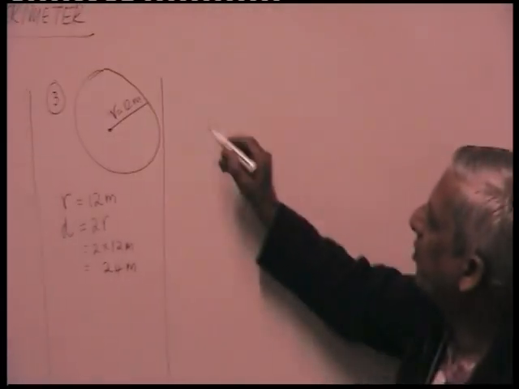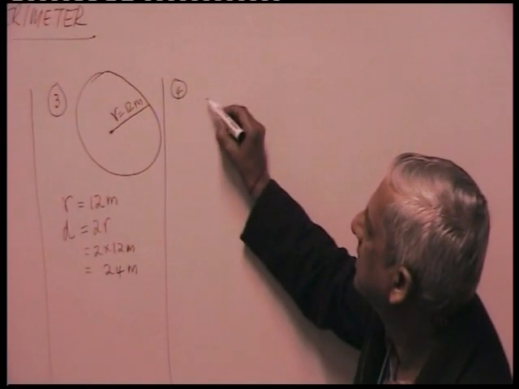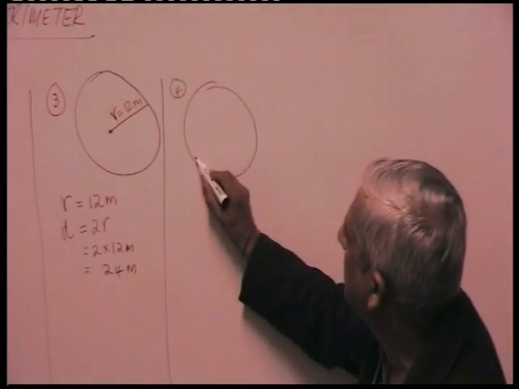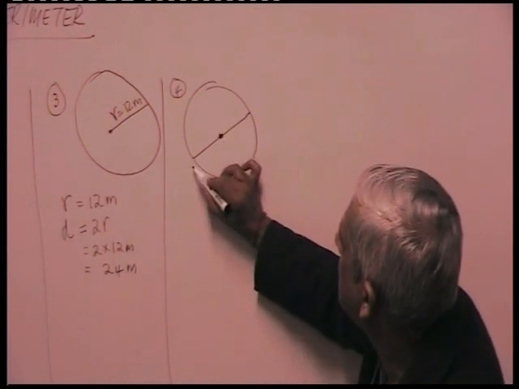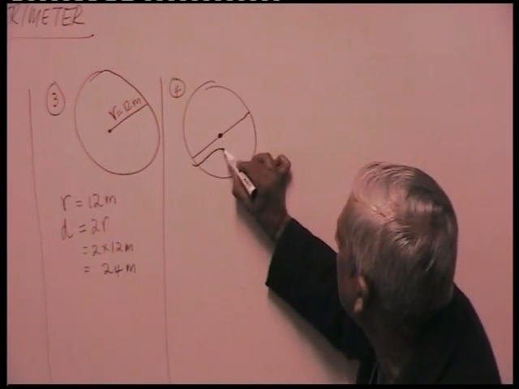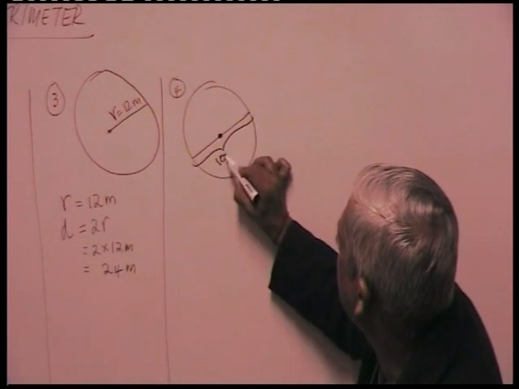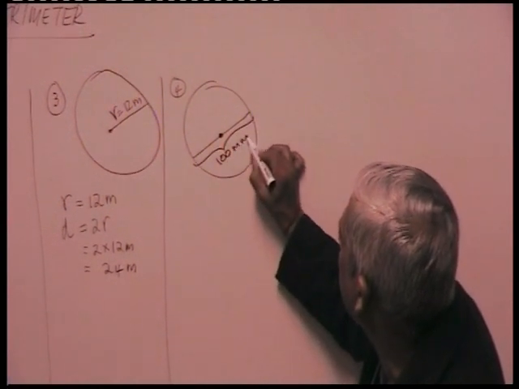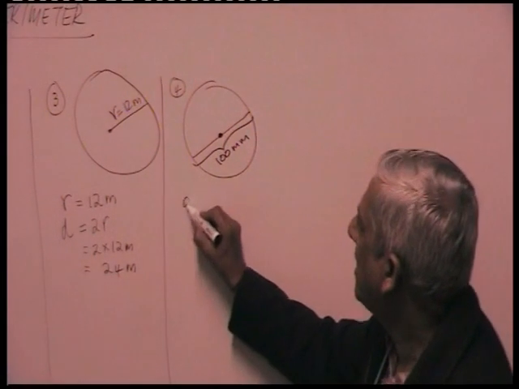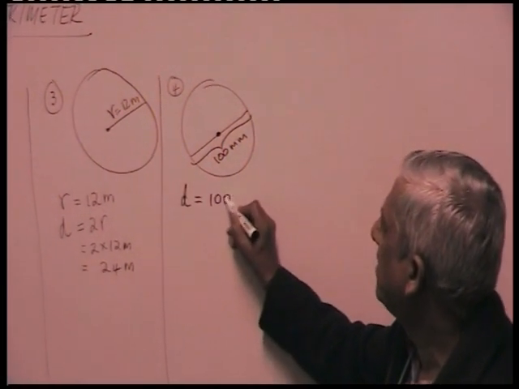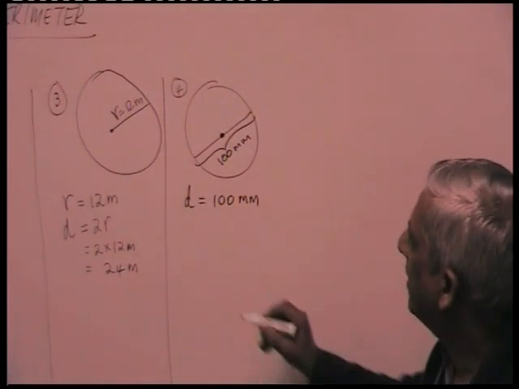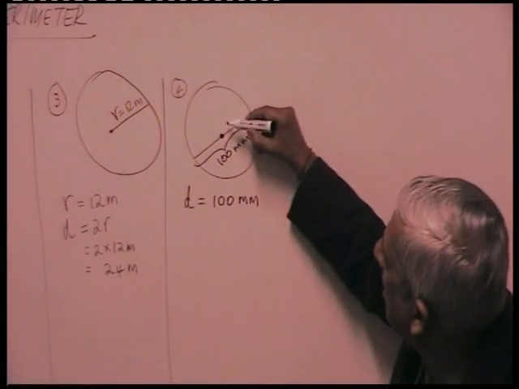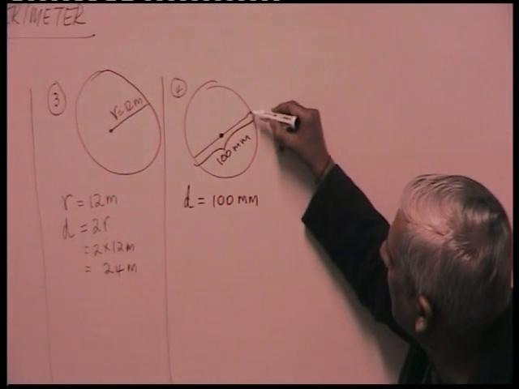Now let's do number 4. Here is a circle. Here is the diameter. And let's say the diameter is 100 millimeters. So the diameter is equal to 100 millimeters. And we want to know how much is the radius from here to here?